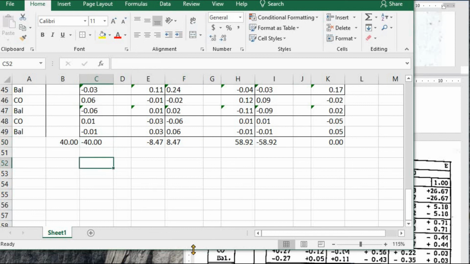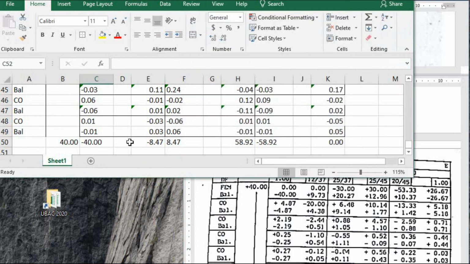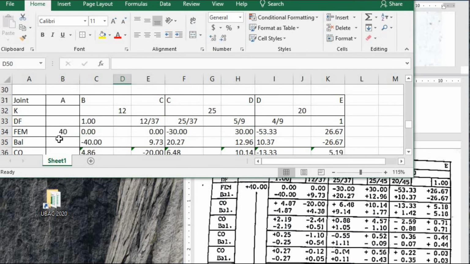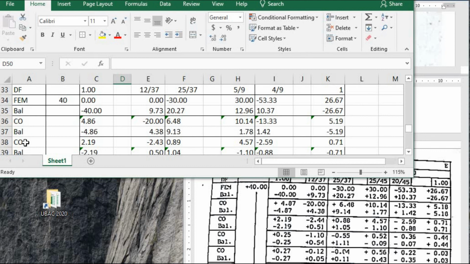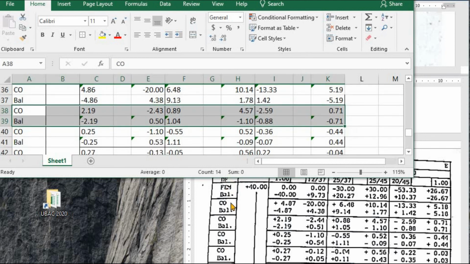Okay, so let's compare with the book's first, second, third cycle. In the third cycle, you have 2.19, 2.43, and 0.5, then 0.88, 1.05.